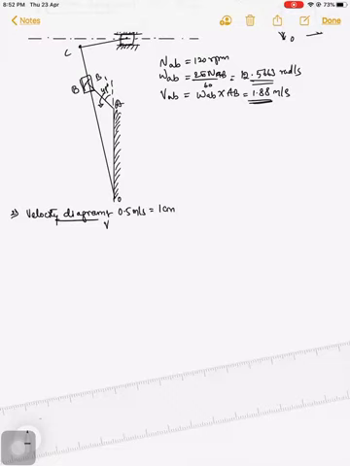So therefore, what will happen to VAB? VAB is equal to 1.88 divided by 0.5, so that will be equal to 3.76 centimeters.